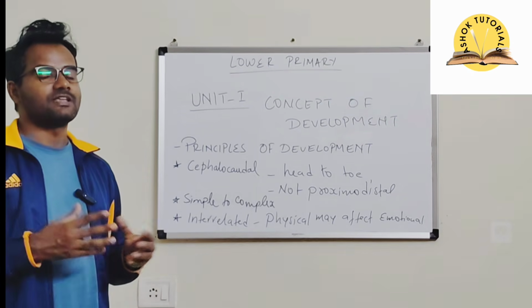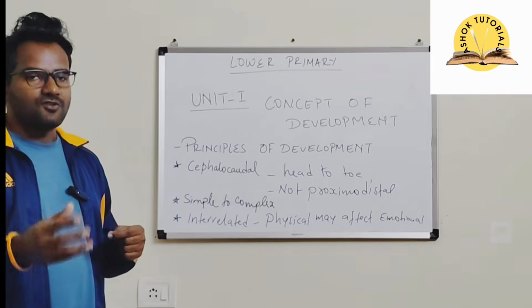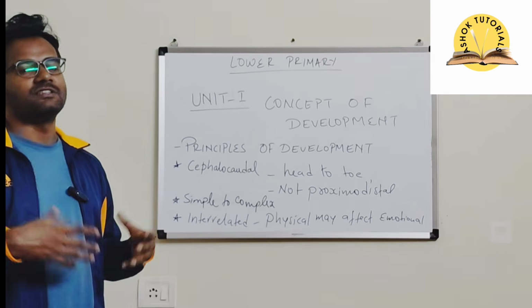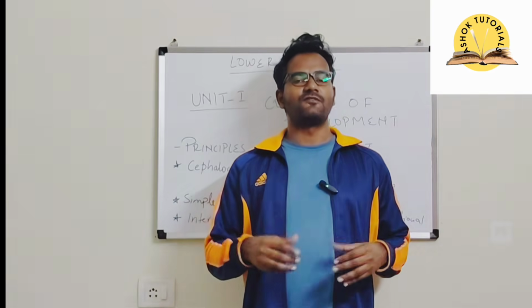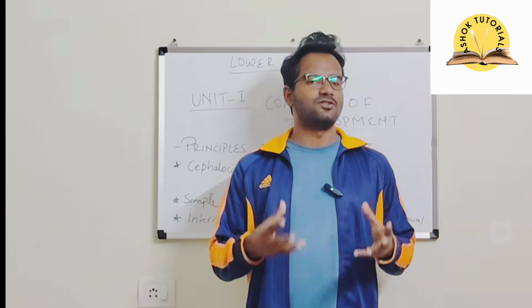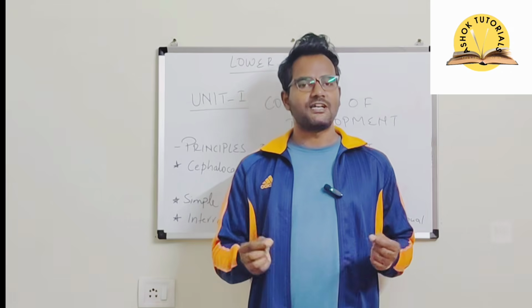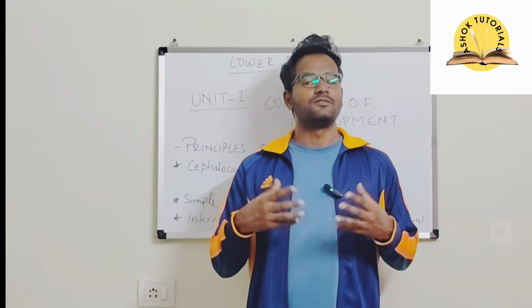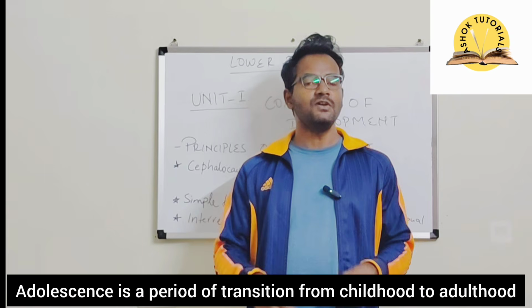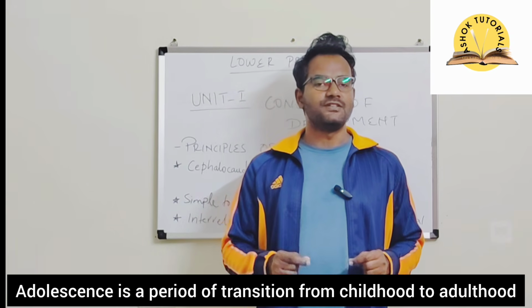So as I told you, physical development may be interrelated with emotional development, as I have given the example of adolescence. Lots and lots of physical changes are taking place in the adolescent's body. That's why adolescence is sometimes known as the period of transition from childhood to adulthood, or a period of stress and storm.